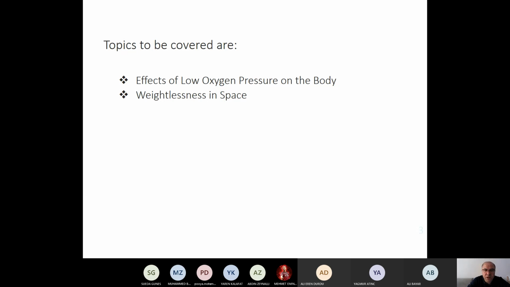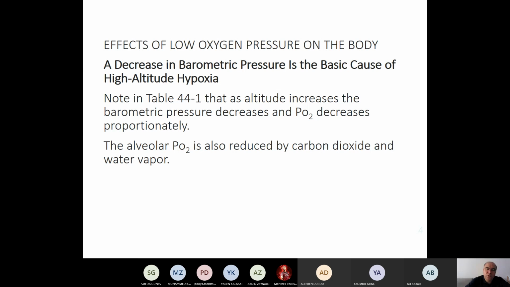All right. Now, effects of low oxygen pressure on the body. A decrease in barometric pressure is the basic cause of high altitude hypoxia. So when we look at the table, we will see that as altitude increases, the barometric pressure decreases, and oxygen partial pressure decreases proportionately.